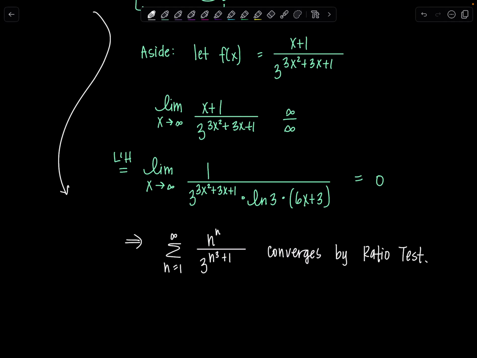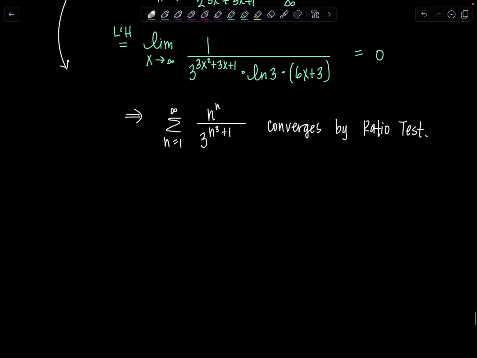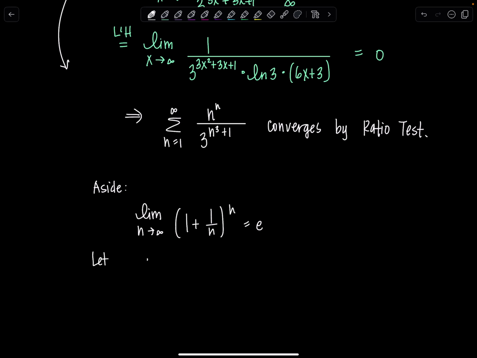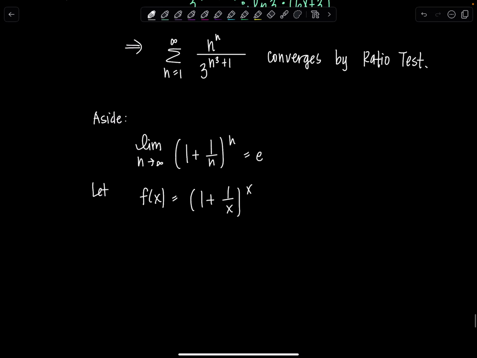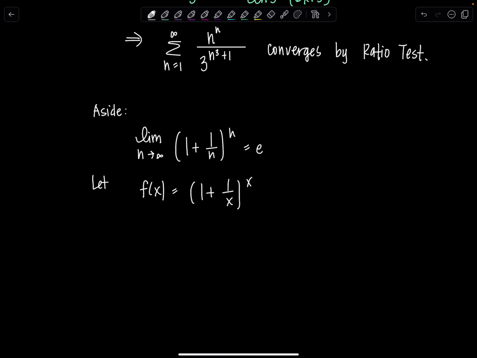Okay, now if you didn't know off the top of your head that the limit as n approaches infinity of (1 plus 1 over n) to the n is equal to e, then again you would have to let f of x equal (1 plus 1 over x) to the x. We can't apply L'Hopital's rule unless we have an indeterminate form of the type 0 over 0 or infinity over infinity.